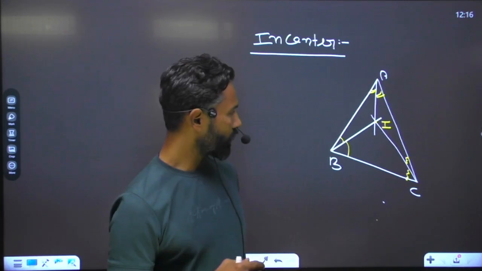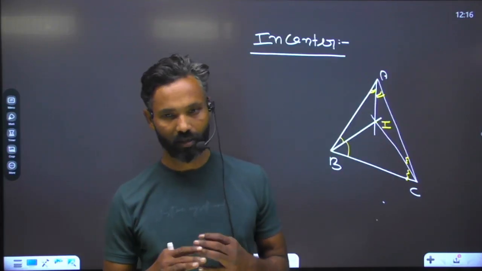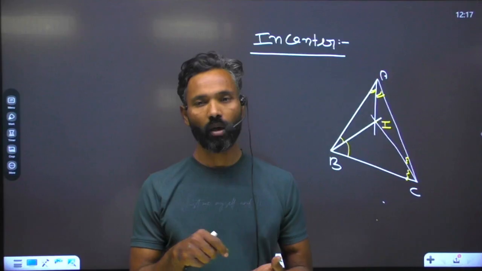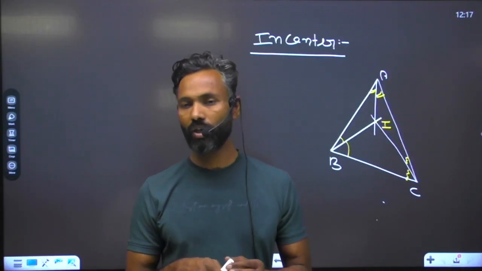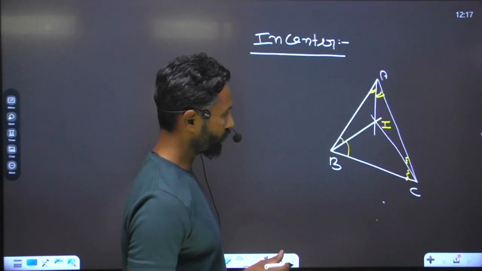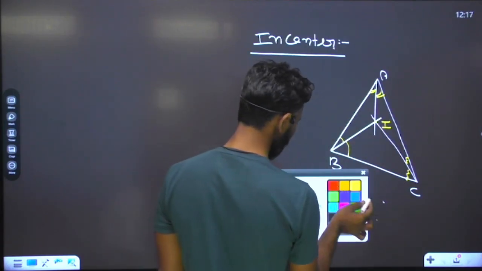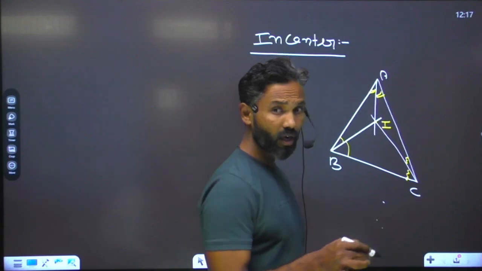Now we will discuss what the uses of this incenter are. As with the circumcenter, if we draw a circle from the circumcenter, that circle passes through each vertex of the triangle. In the same way, if we draw a circle from the incenter, this circle is going to touch each side of the triangle internally.